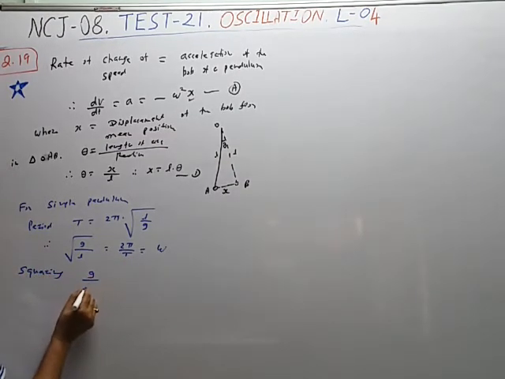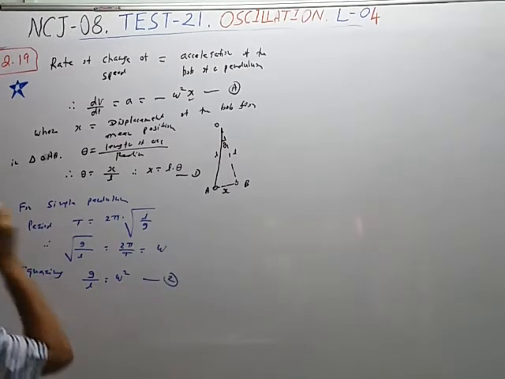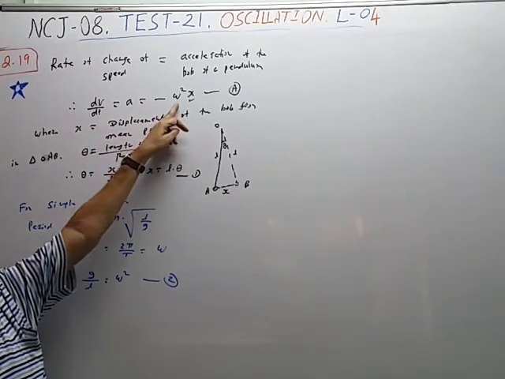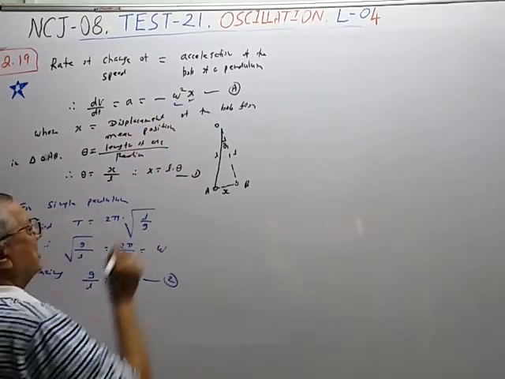Squaring, so G by L is equal to omega square. This is equation 2. So we know omega. Equation 2. We know x.